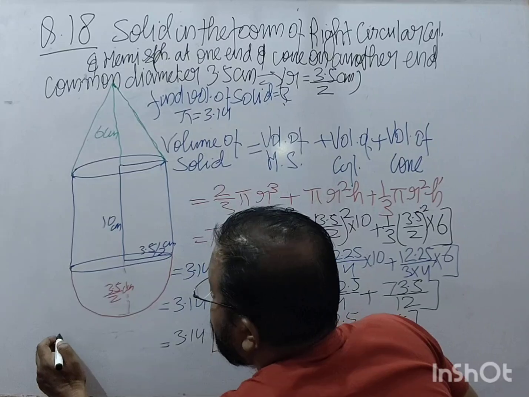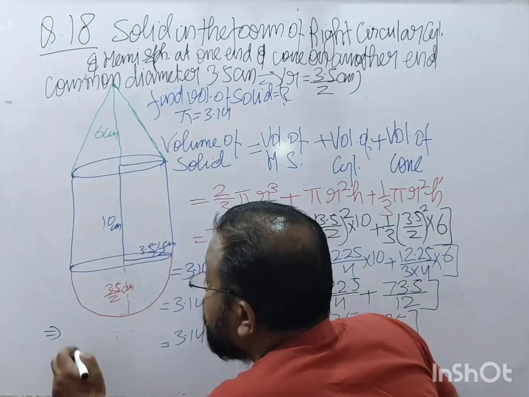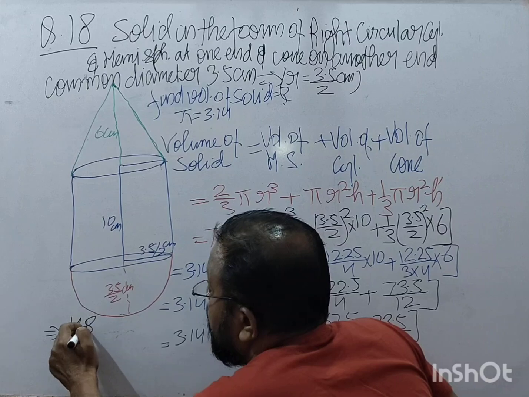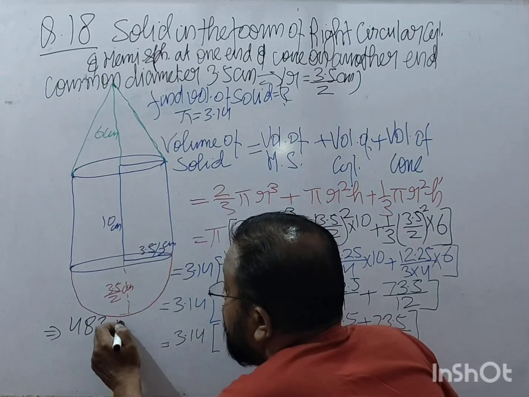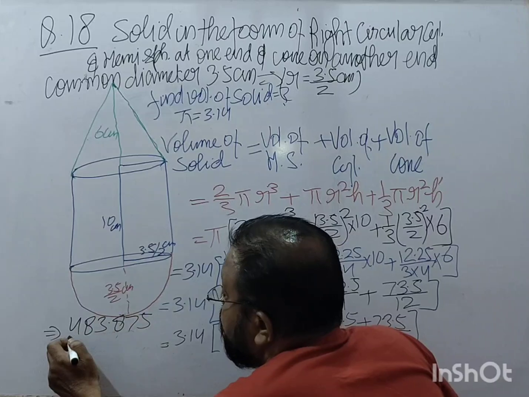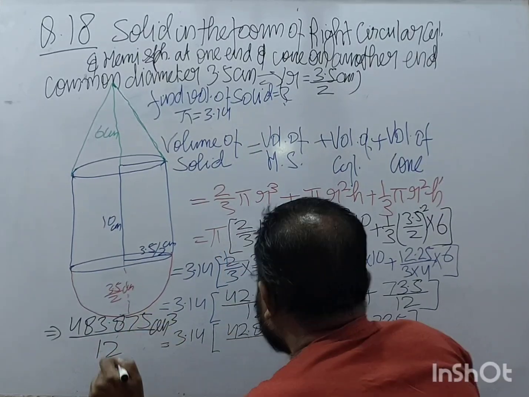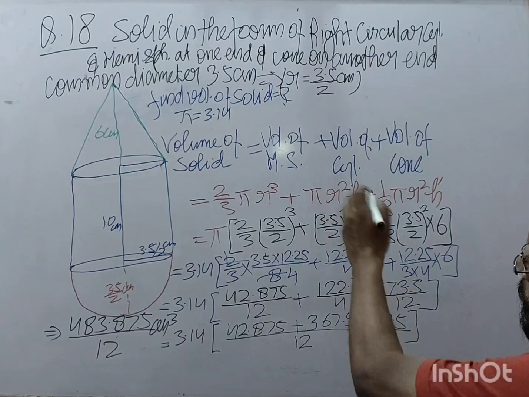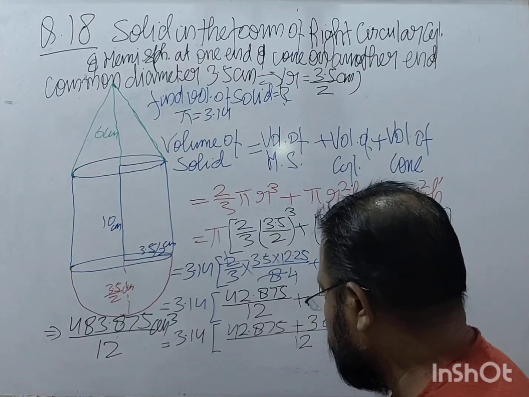You are getting here 483.875 upon 12 centimeter cube. Since we are having volume, so we get centimeter cube, right?